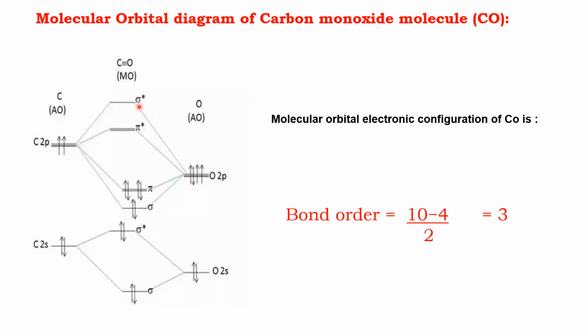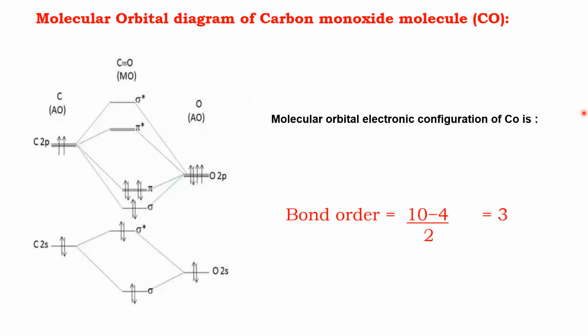These electrons are filled into the orbitals: 2 electrons to sigma 1s, another 2 electrons to sigma star 1s, then 2 electrons to sigma 2s, another 2 electrons to sigma star 2s, next 2 electrons to sigma 2pz, then pi 2px and pi 2py. So only 4 electrons are present in the anti-bonding molecular orbitals, while 10 electrons are present in the bonding molecular orbitals.